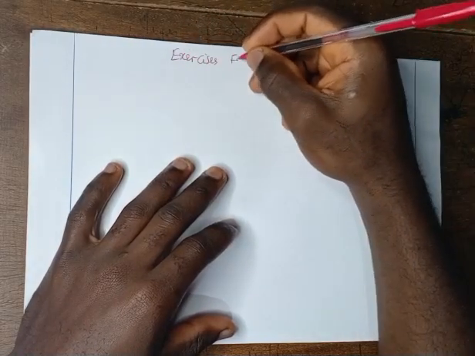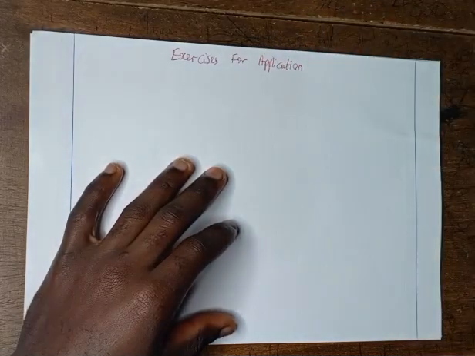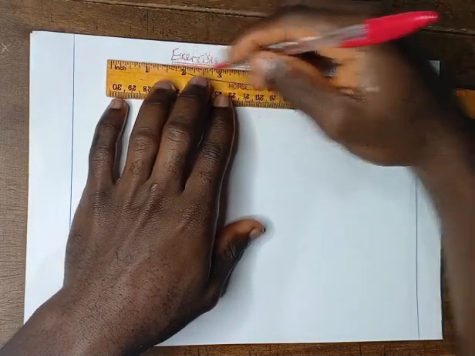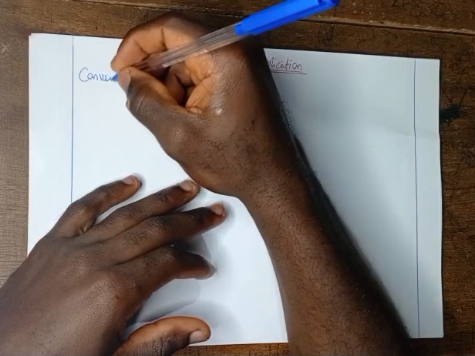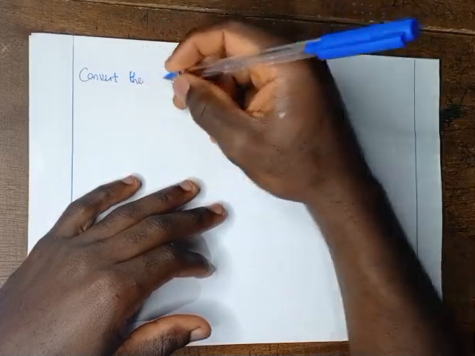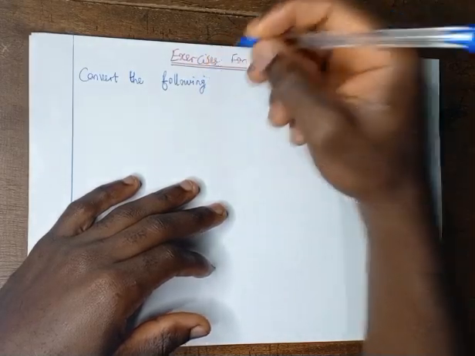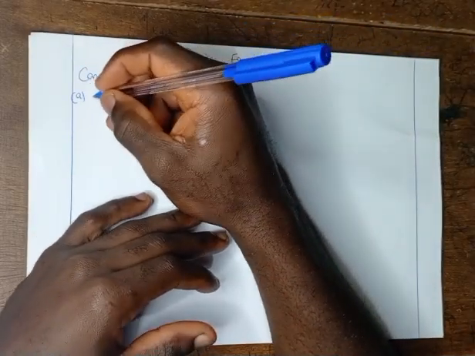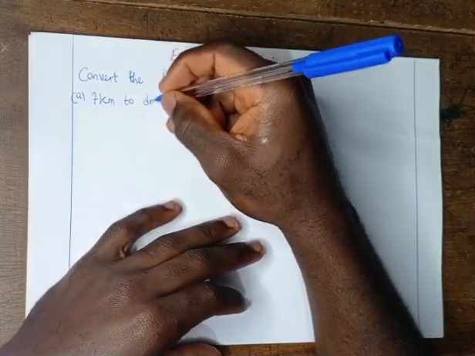Exercises for application. Convert the following. Here we have A, 7 kilometers to decimeters.